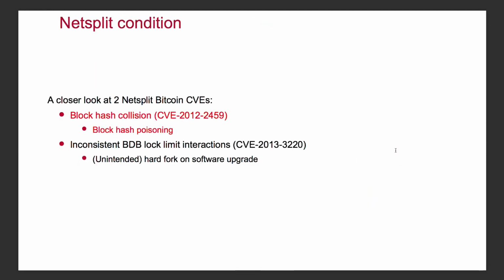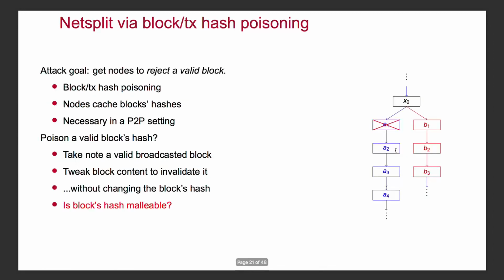So let's look at how it would be possible to cause a net split condition. One typical way that comes up in cryptocurrency clients is via block hash poisoning. So what's that? When nodes process blocks, since this is a peer-to-peer network, the nodes want to do this only once. So once a node receives a block, the hash gets cached, and in future the node is going to reject processing this block twice.